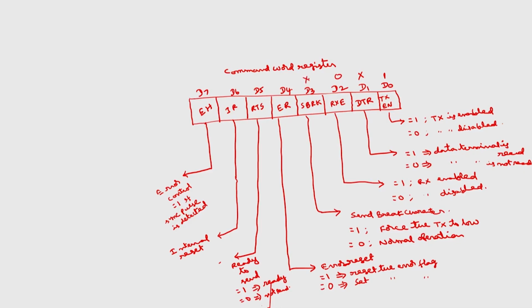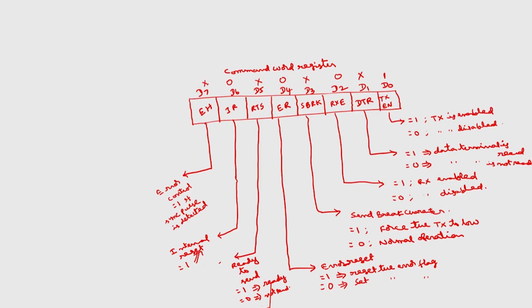Error reset: I want to set this error. Ready to send, we are not using. This is internal reset, so this we have to keep 0, because if this is 1, internal reset will take place, and I do not want to reset internally. So, 0.